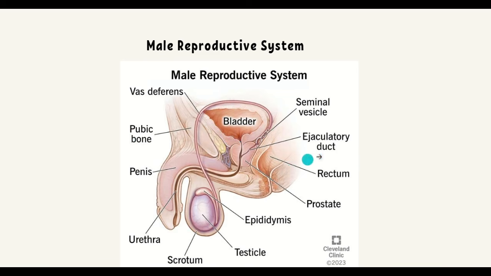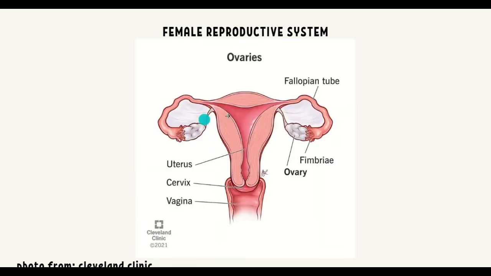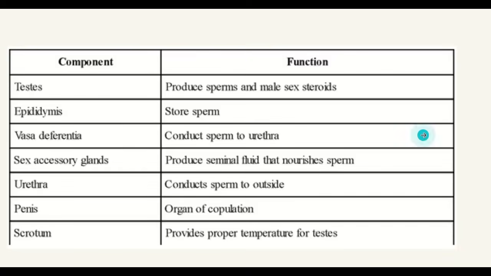So you can just look at both of them and literally compare them. It would seem like the female reproductive system is a lot simpler, and the male one is a bit more all over the place. But as I said before, that's our seminal vesicle right there, and the pubic bone is not really relevant, but everything else is really serving a purpose.